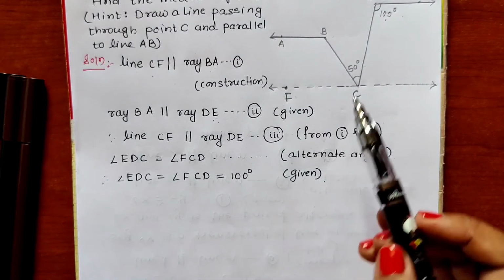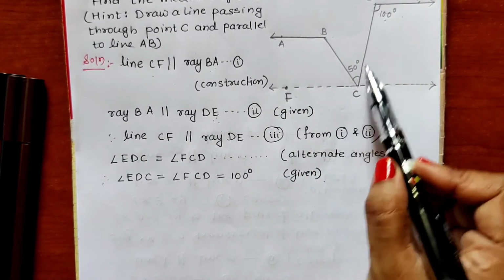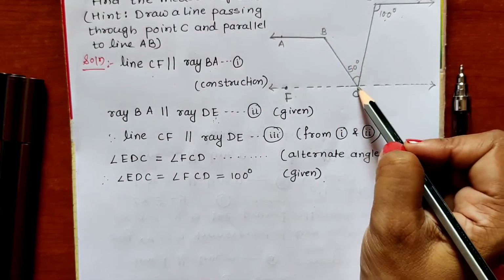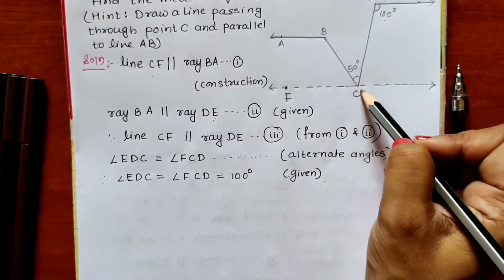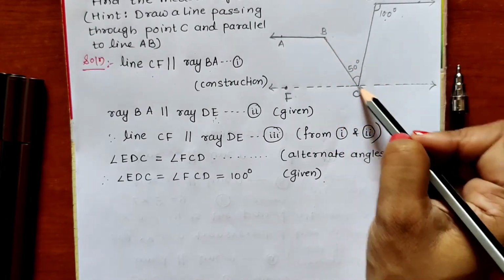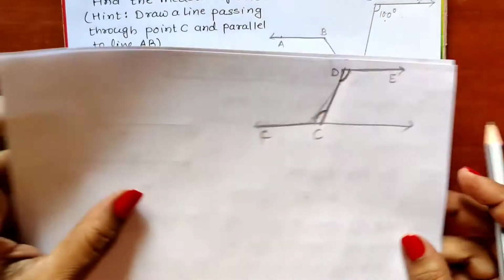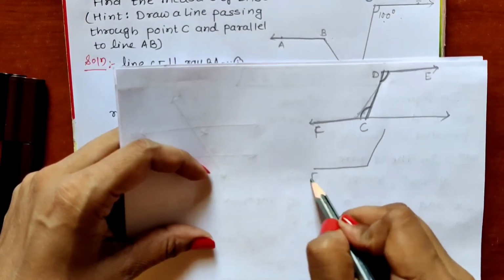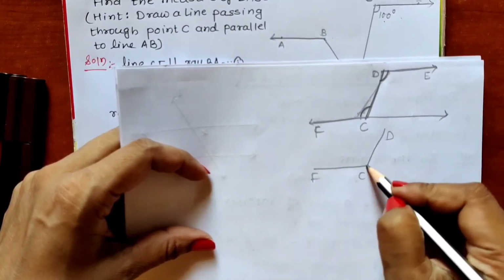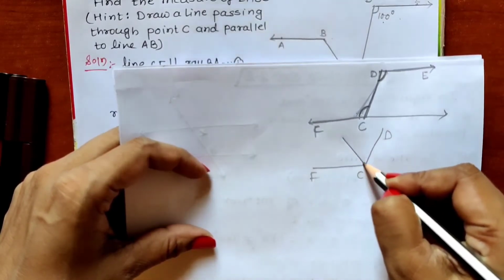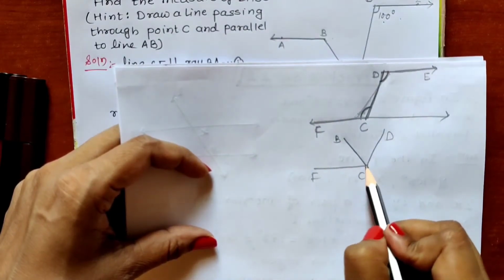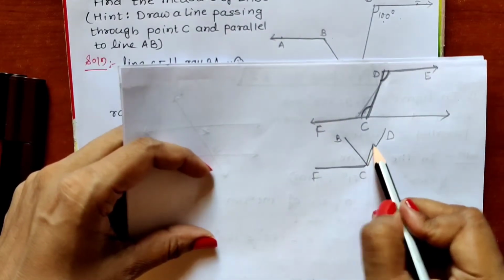Now again, when you observe this angle FCD, we can see that one ray is passing through this vertex C. We can see that the segment BC is there. Due to this segment BC, this angle is divided into two angles.